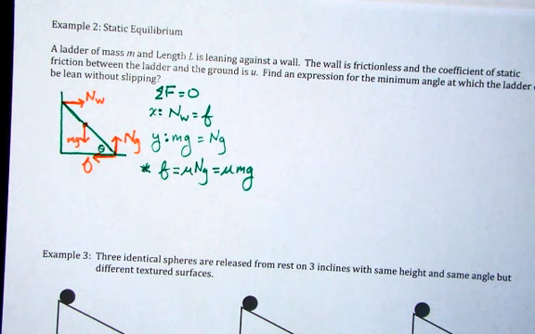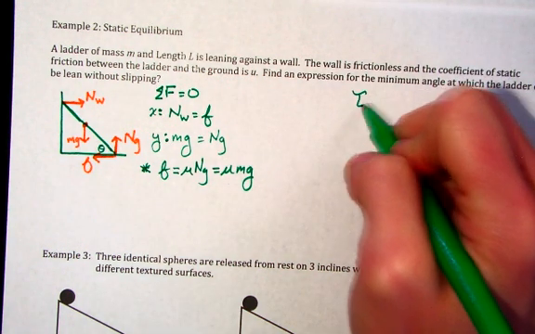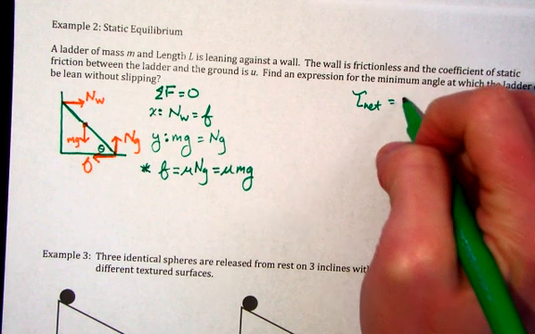All right then, let's go ahead and go to the next thing we want to look at. If this were to slip, then we would have some sort of rotational motion. Okay, so we know that this is not rotating, and therefore, what is the net torque? The net torque equals 0.